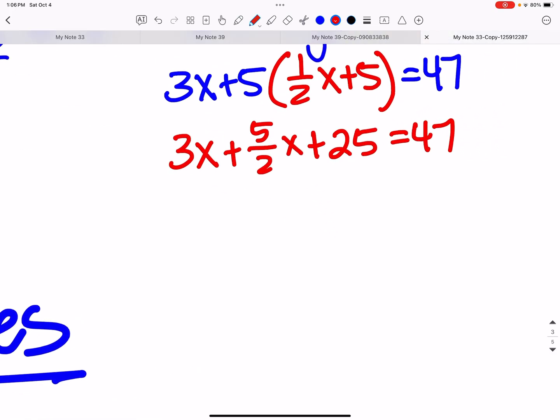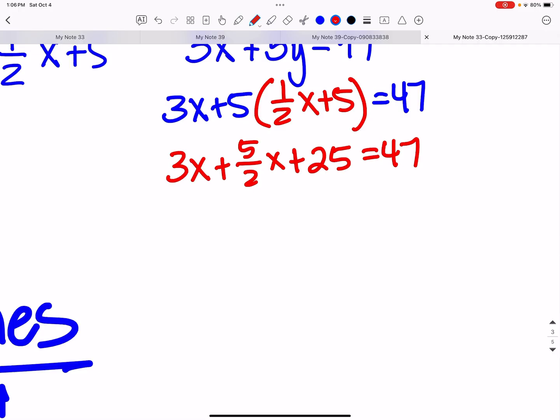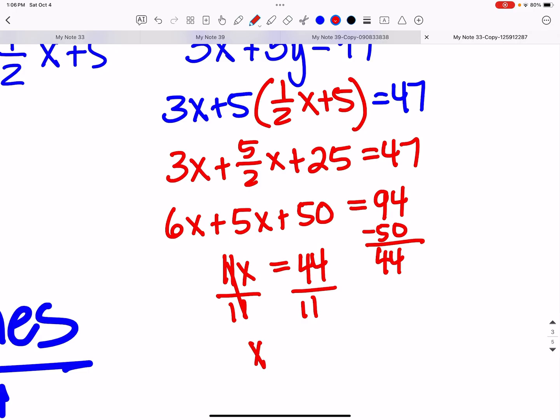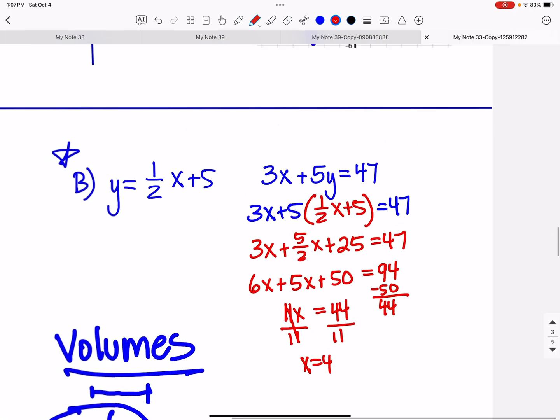Okay, what can I do here? All right, let's multiply everything by 2. 6x plus 5x plus 50 equals 94. So 11x plus 50 equals 94, so 11x equals 44. Divide by 11, x is equal to 4. So despite all of that, x is equal to 4.